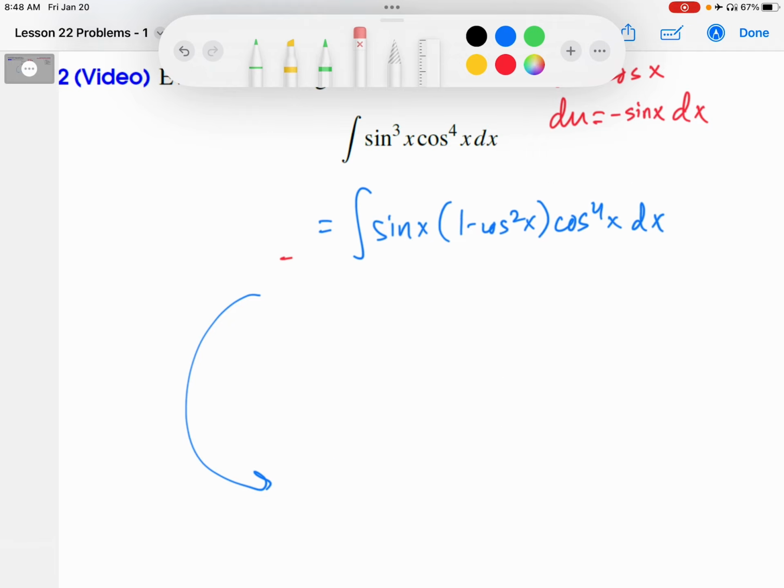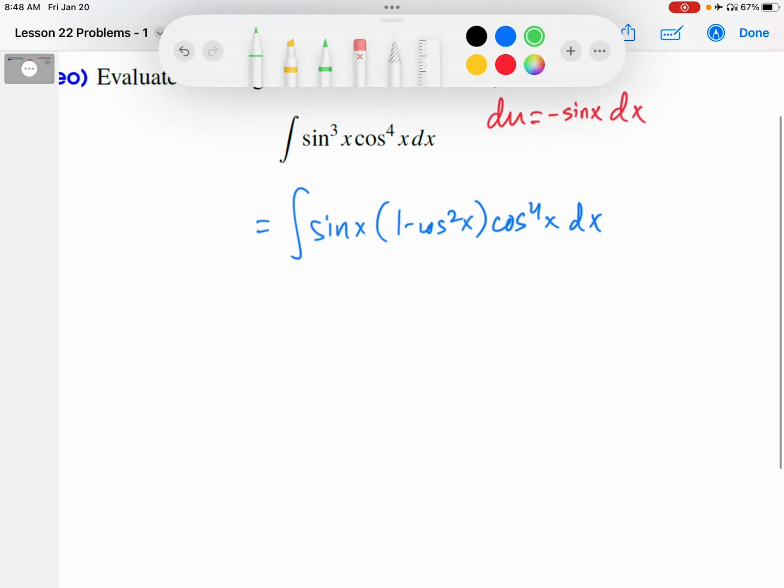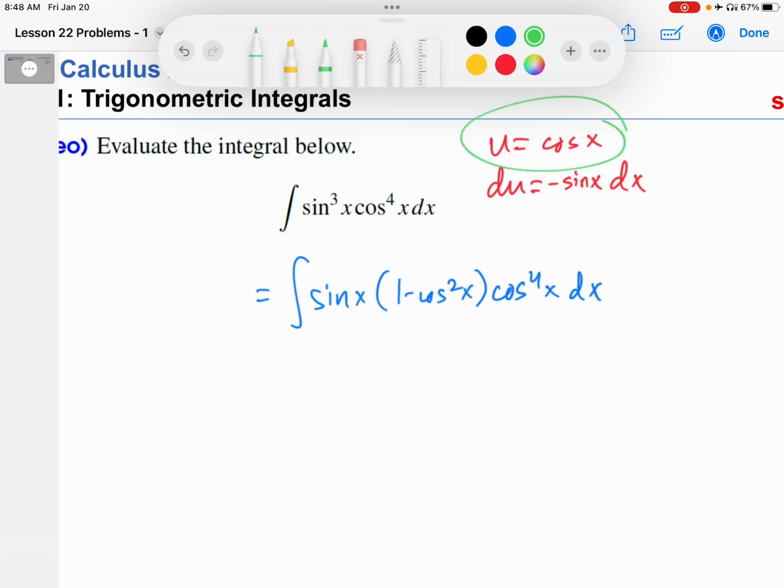Great. So now to carry out the u substitution, if u is cosine x, then this becomes u squared. Remember, cosine squared x is cosine of x squared. And also cosine to the fourth becomes u to the fourth, cosine of x to the fourth. And then the du, which is negative sine x dx, gets replaced by, if I notice this negative 1 and divide by it, minus du equals sine x dx.